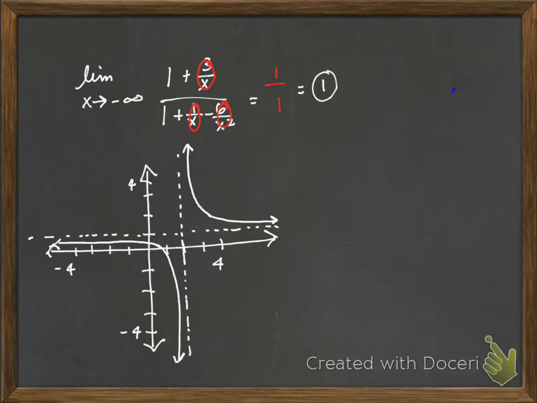Now, remember we have a hole when x equals negative 3. So I'm going to go ahead and put that hole in there. So my graph is going to look like this. So you can use this information that we just learned to kind of help you graph. And it makes it much easier and faster. So that's the answer for example number 8.